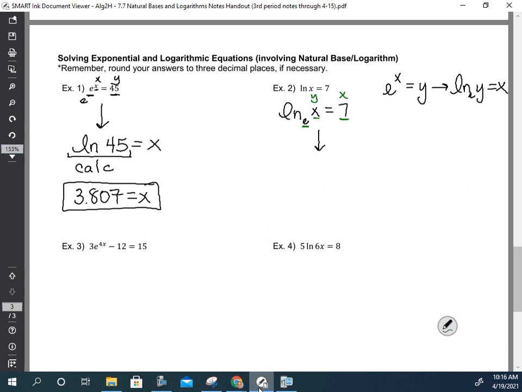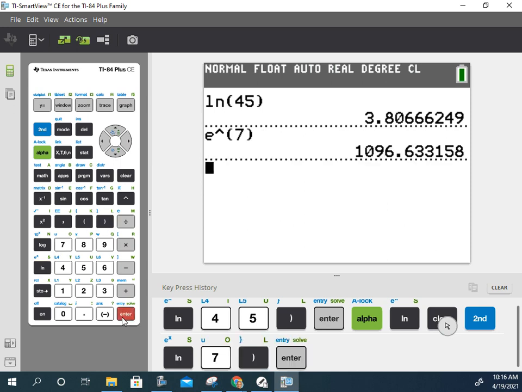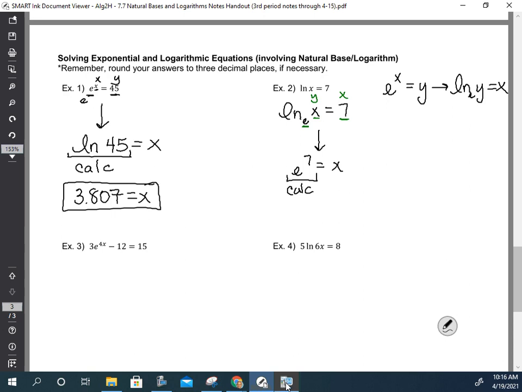When we do the rewrite, e to the 7 is equal to x. e to the 7 is simply a calculator problem. So the calculator gives 1096.633.